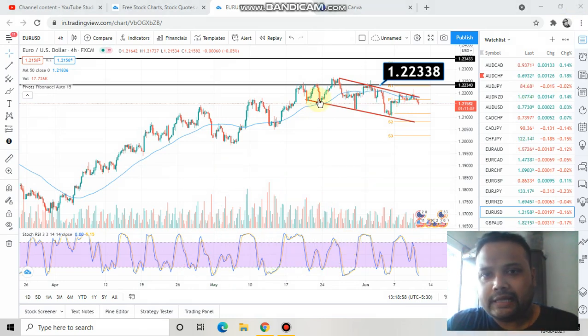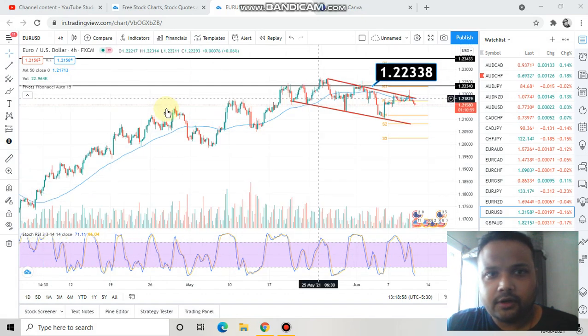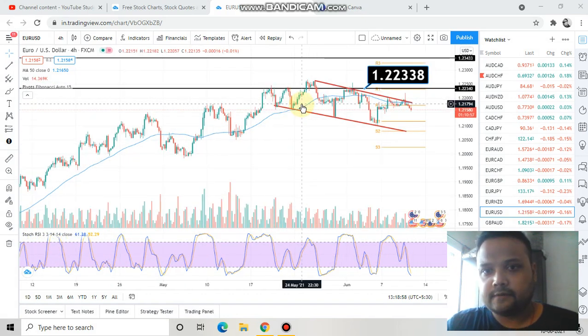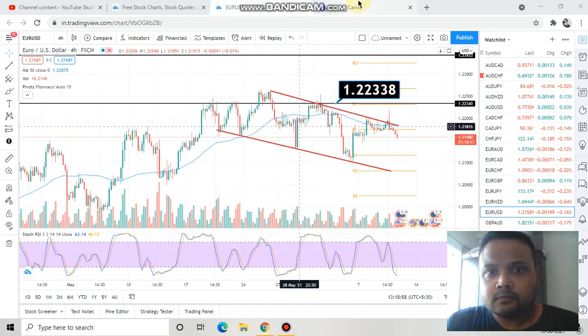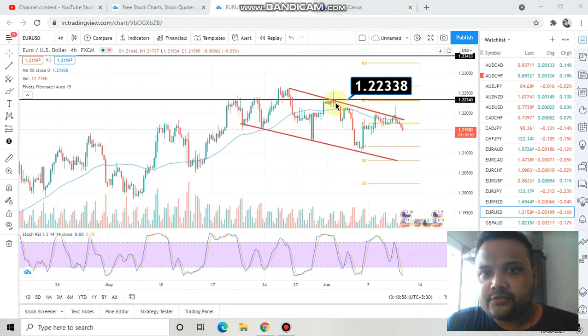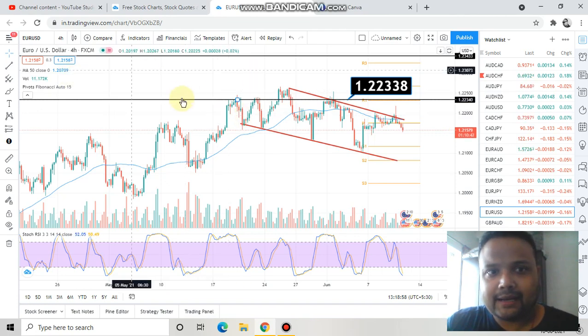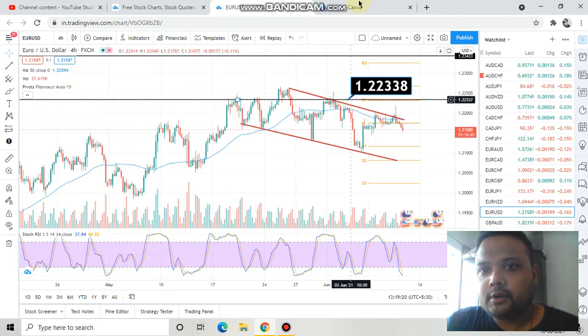But right now, things have changed a little bit for Euro USD that I would like to discuss. One thing is very clear to us, that this black line is a good resistance, because I have already discussed this black line, this resistance 1.2233.